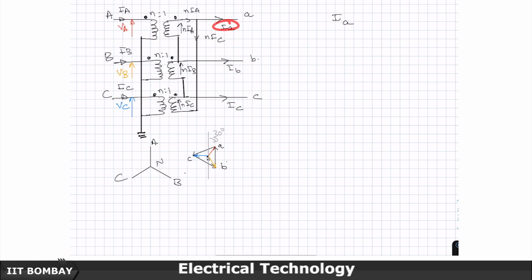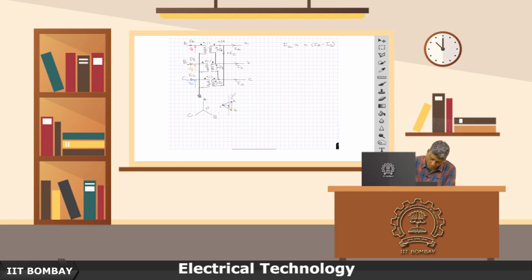The difference of this minus this comes here as IA. So therefore the IA becomes N times of IA minus IC. Okay. If you want to emphasize phasors, sometimes I put arrows. I'll put this arrow here to emphasize that.